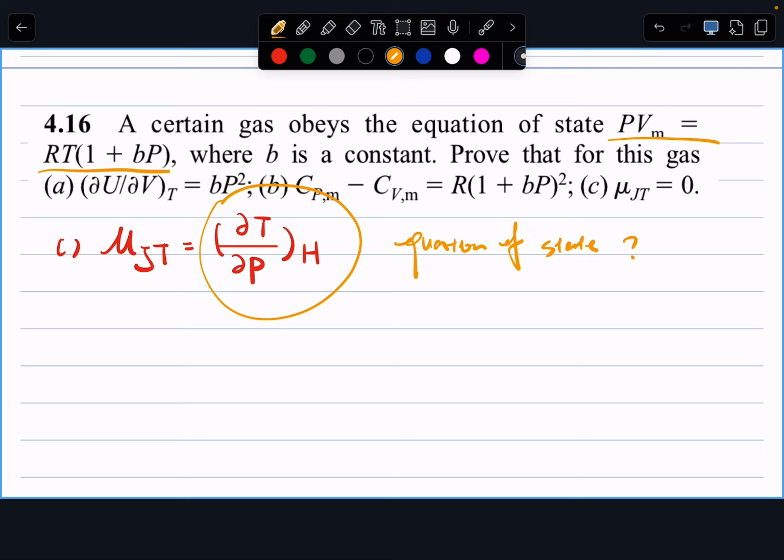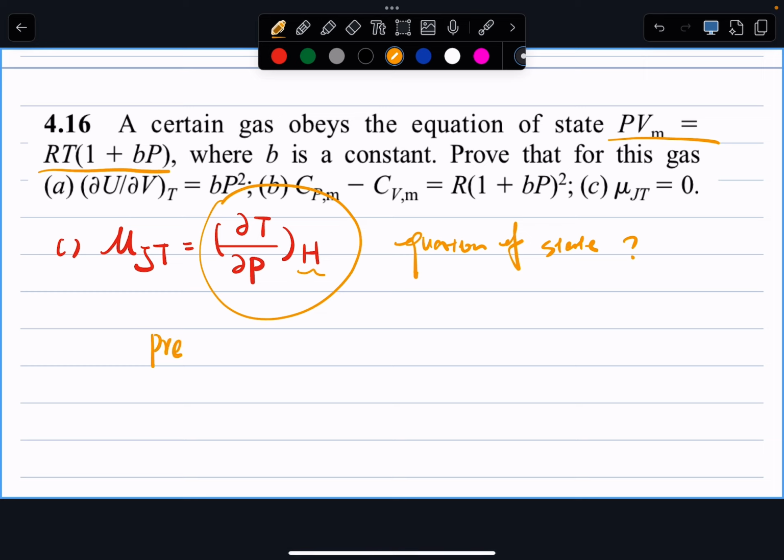To use the equation of state, we want to translate enthalpy into enthalpy dependence on pressure or enthalpy dependence on temperature. These are solved problems in chapter 4: how your thermodynamic equation changes with respect to pressure or temperature for enthalpy. So these are the things we know.